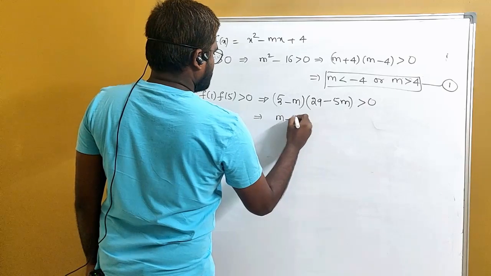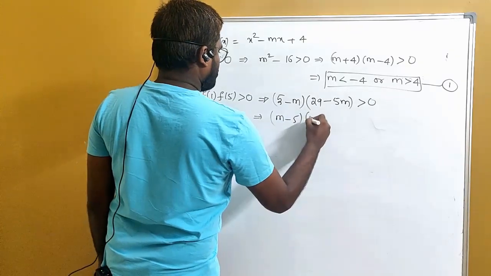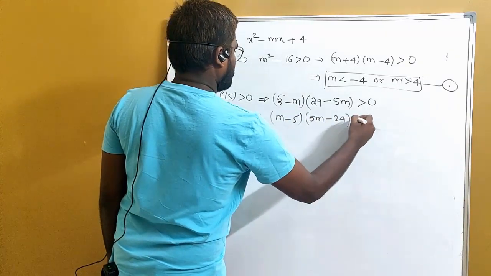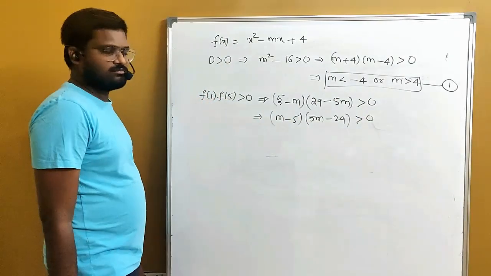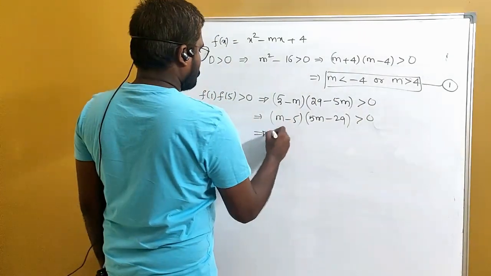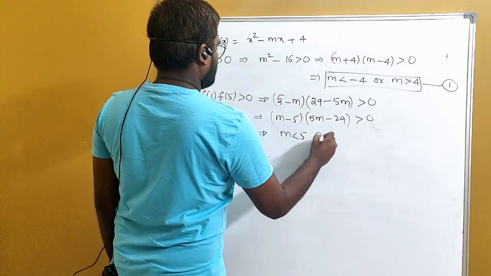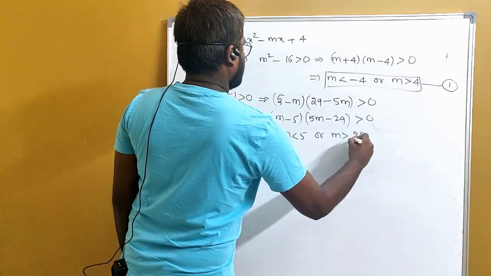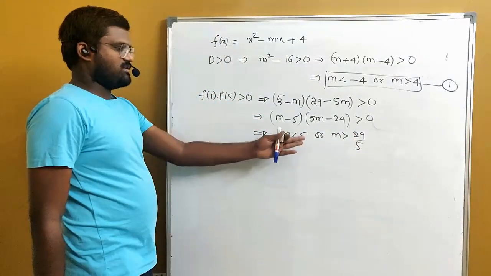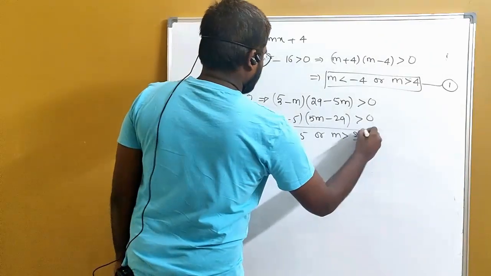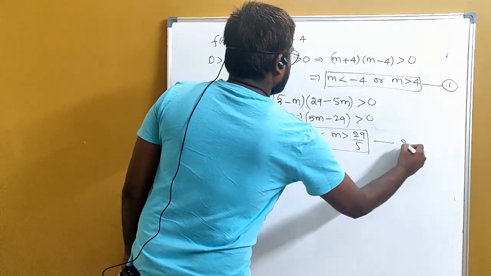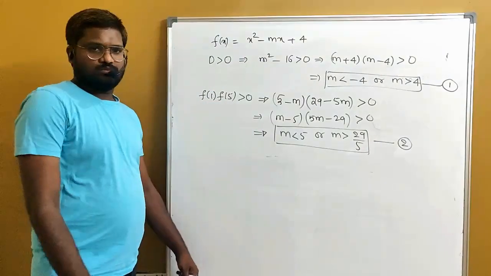Now can I write it like this? m minus 5 into 5m minus 29 greater than 0. Now again by method of intervals it will be m less than 5 or m greater than 29 by 5, because 5 is less than 29 by 5. Now let me assume this is inequality number 2.